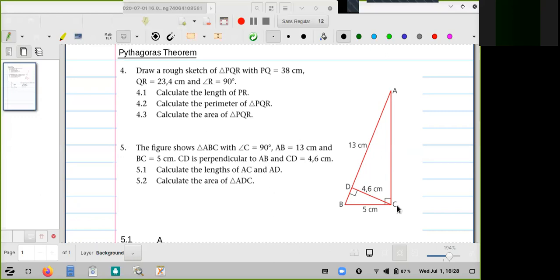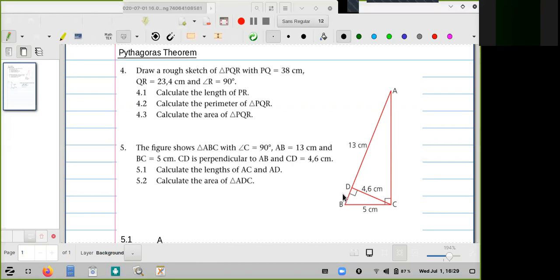AC is a side which is perpendicular to BC. So these are the other two sides, which means AB, since it is opposite 90 degrees at C, is the hypotenuse. The hypotenuse is the longest side on a right angled triangle, because it is opposite 90 degrees.